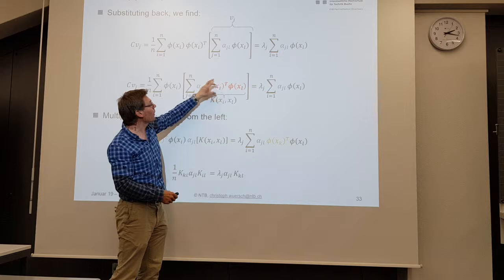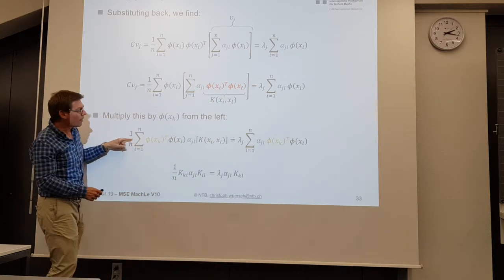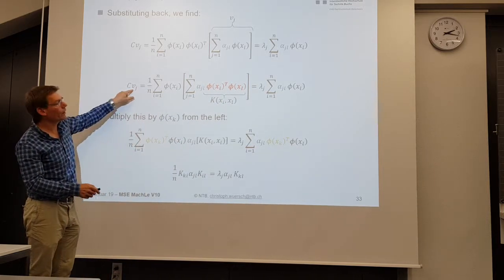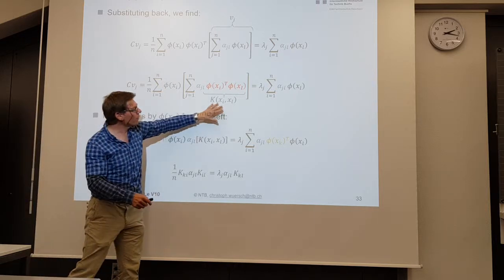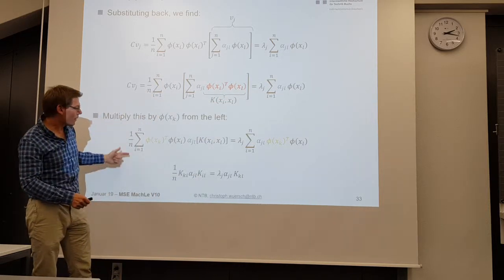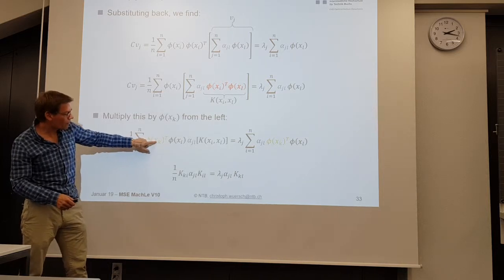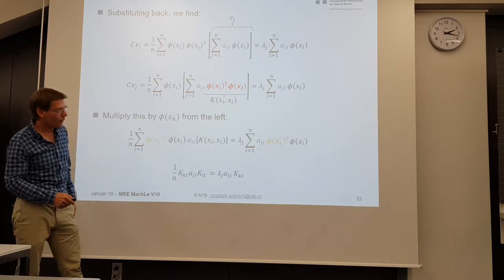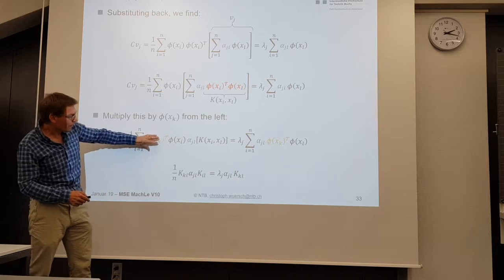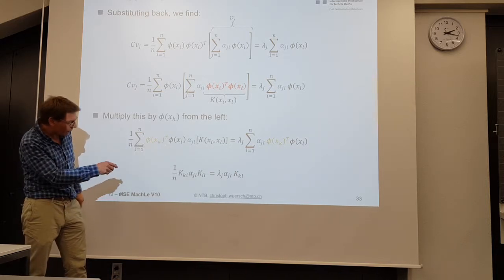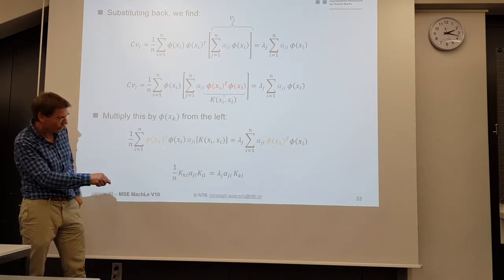So by this trick, taking alpha out, we get this equation, CV is lambda V, and we have in here this kernel matrix. Now we multiply by another one, xk transposed. And then you can show that what exists here is again a kernel matrix.